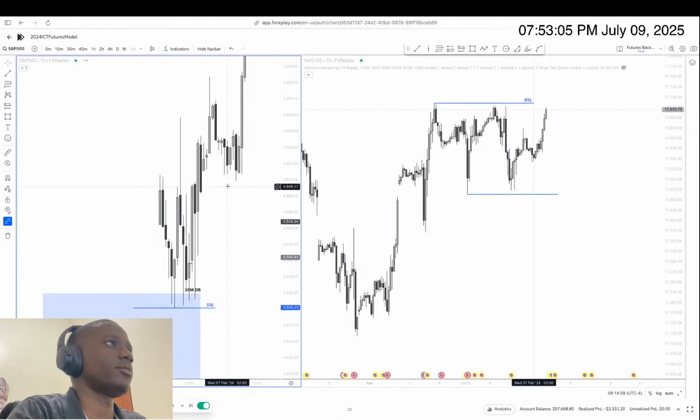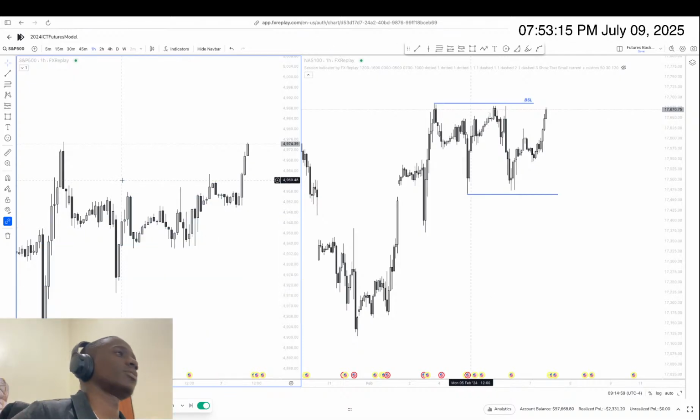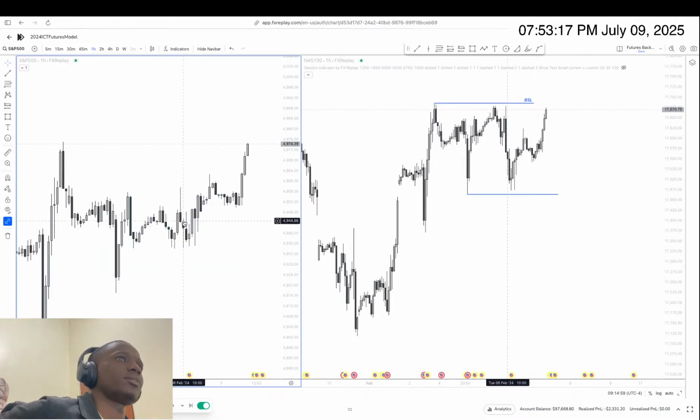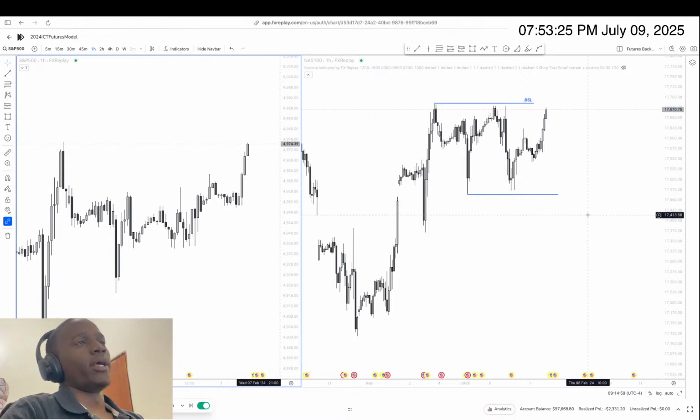While for the S&P, did we have these equal lows? Yeah, we have them, even though they were somewhat irregular here. And here you can see how far NQ went in accordance to this one. So gotta keep that in mind.